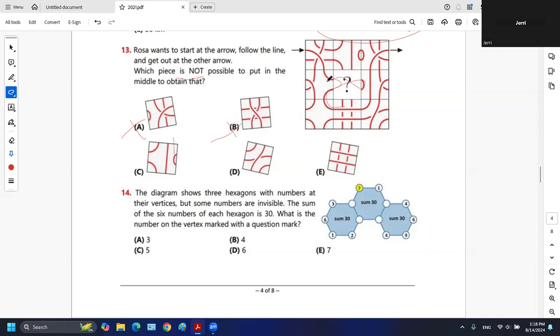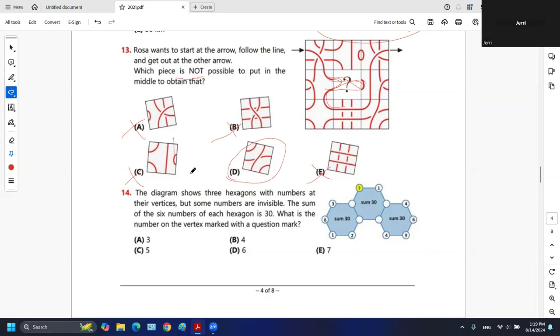This part would have to face this part and then it'll go like that. So now, D, we'll say that later because that looks kind of impossible because it just did not say anything that helps it to go through. E, it goes here, over there, and back. No. So D is the answer.